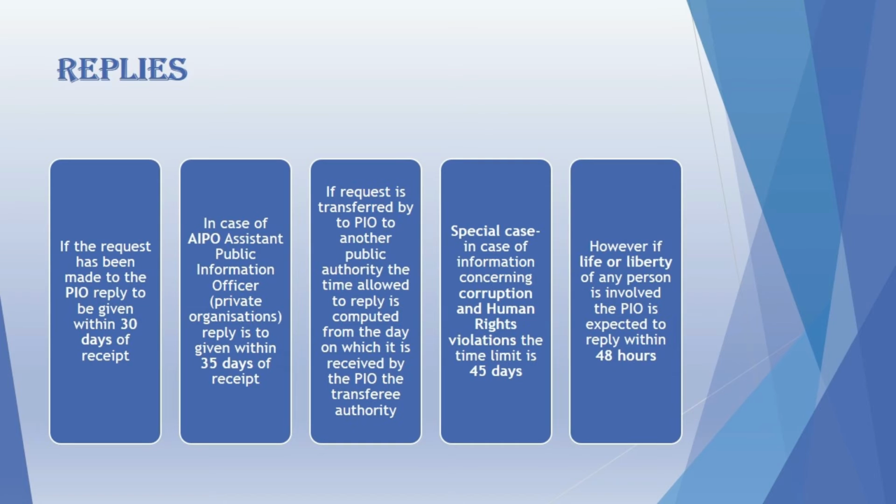Special case: in case of information concerning corruption and human rights violations, the limit is 45 days. However, if the life or liberty of any person is involved, the PIO is expected to reply within 48 hours. That means though it's 30, 35 and 45 days according to the government official, private organization and special case, if life or liberty of any person is involved, then the PIO is obliged to reply within 48 hours of filing the case.